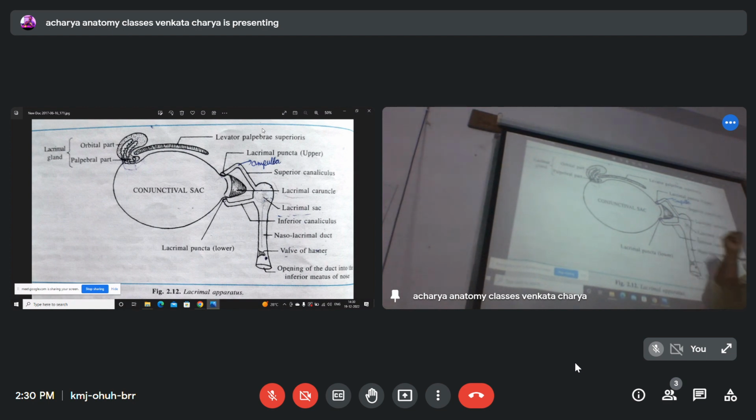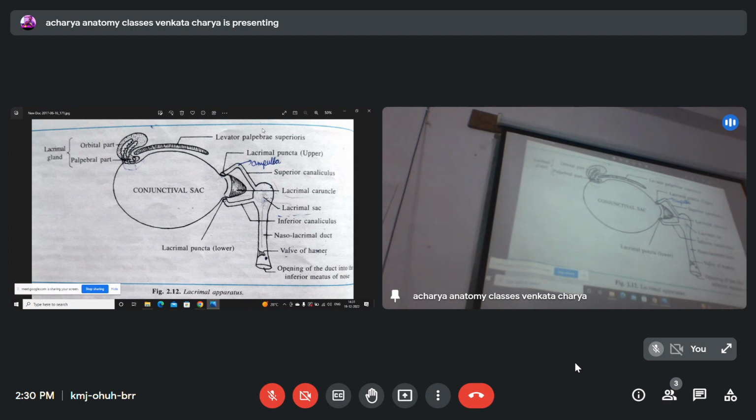Next, this lacrimal gland is subdivided into two parts by the levator palpebrae superioris muscle.